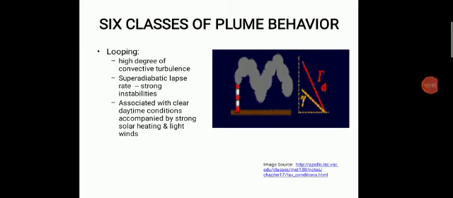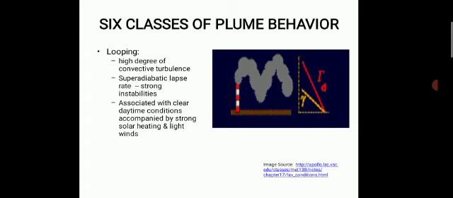Looping plumes occur on sunny days with light to moderate winds, which combine with the rising and sinking air to cause the stack gases to move up and down in a wavy pattern, producing a looping plume.